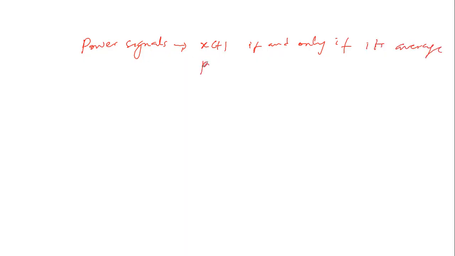How about power signals? Now, a signal S of t is said to be a power signal if and only if its average power is finite, such that the average power takes on a value between 0 and infinity, but less than infinity.